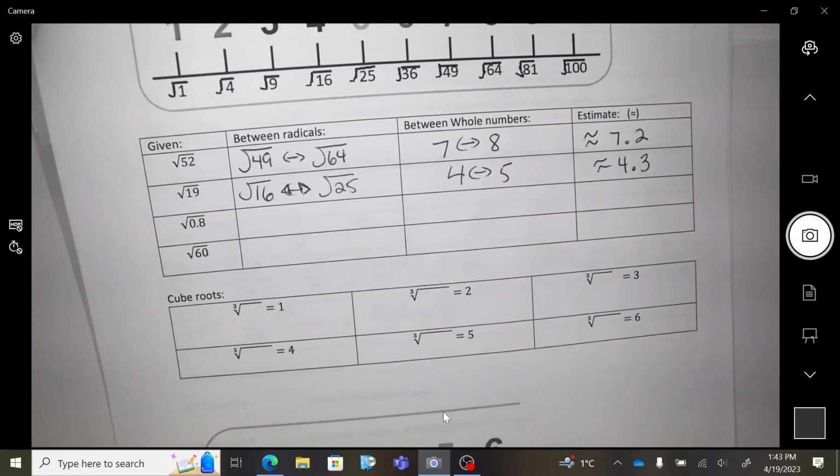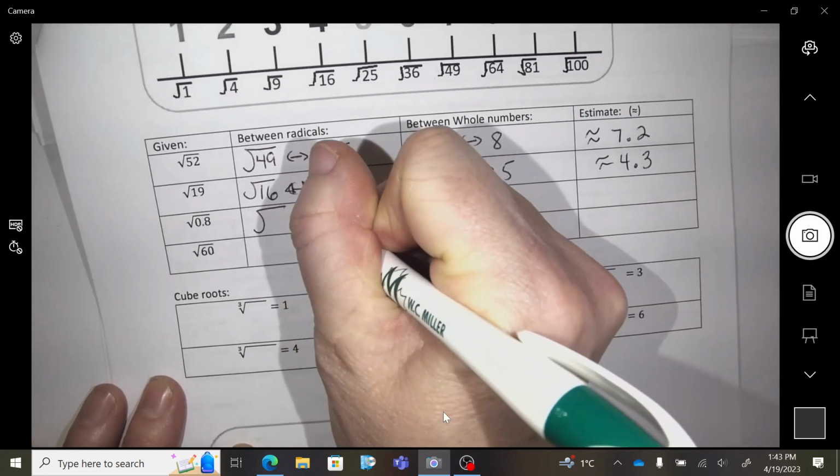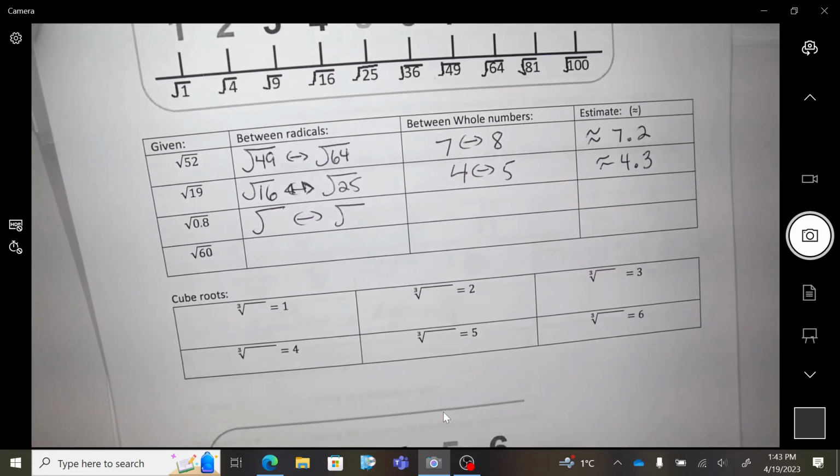The square root of 0.8. Ooh, I'm trying to be a little tricky here. What radical and what radical is the 0.8 between? I guess I didn't put it on here.